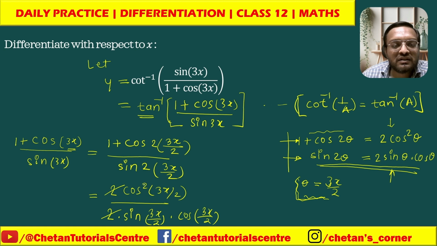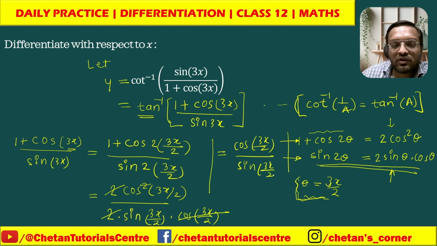So one cos 3x upon 2 will cancel from numerator and denominator. Then I will be left with cos 3x upon 2 divided by sin 3x upon 2, which is equal to cot of 3x upon 2.